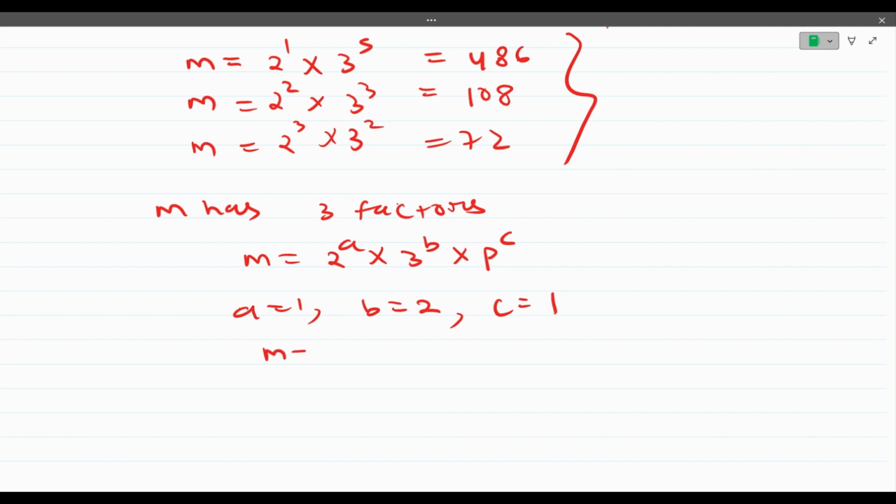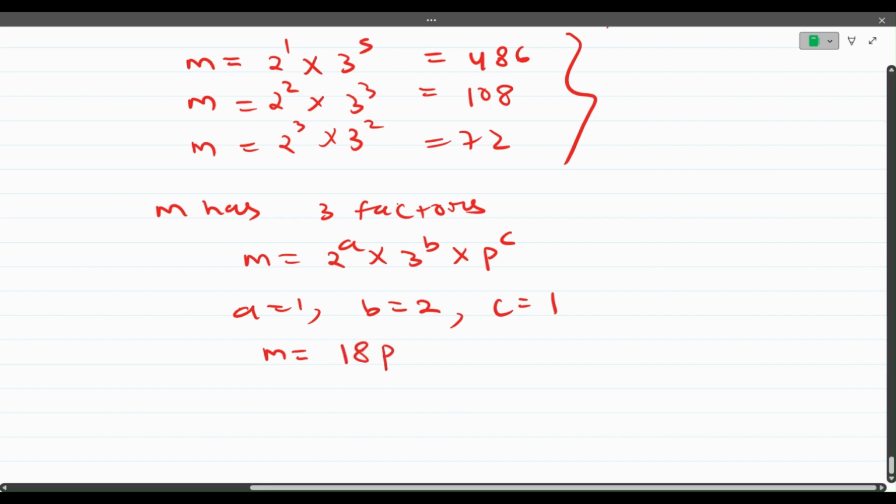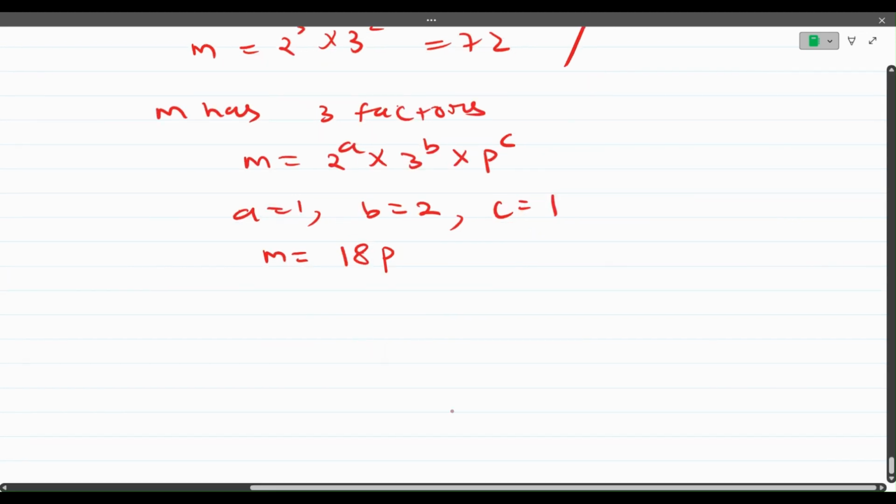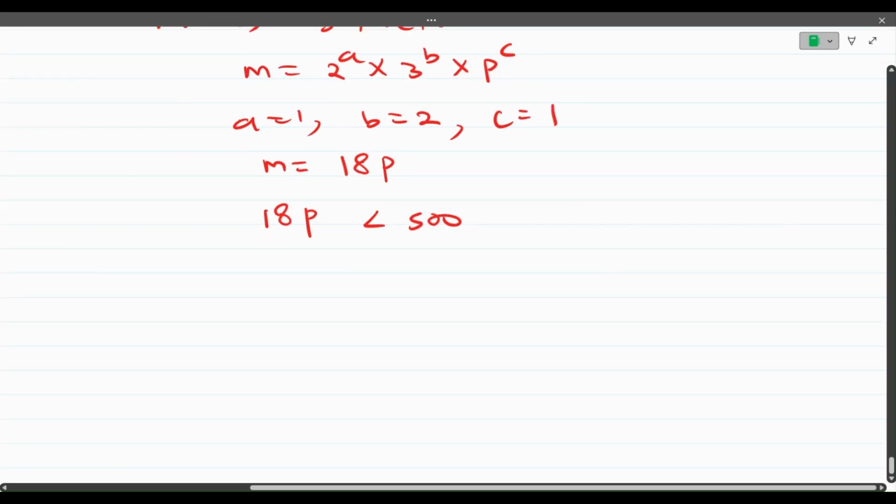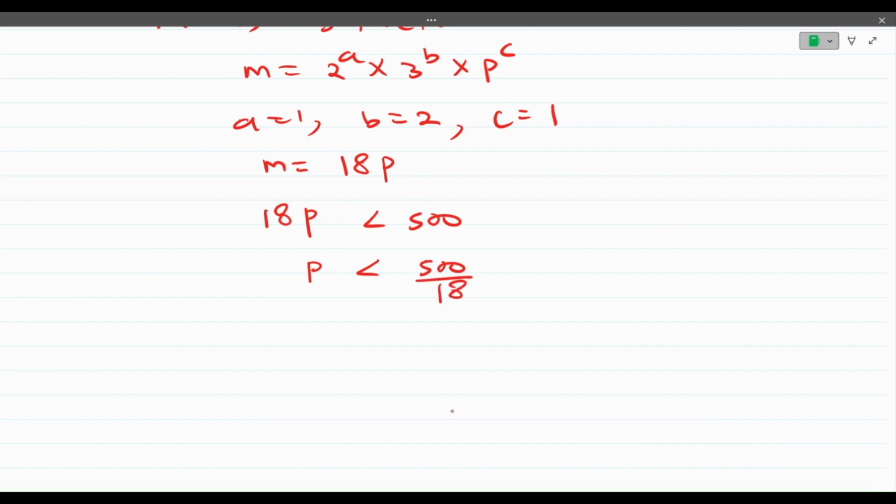Okay. So because c is 1, replacing a, b, and c, we can write m is 18p. And this number 18p is less than 500. So we can write p is smaller than 500 over 18, which gives you p is smaller than or equal to 27.